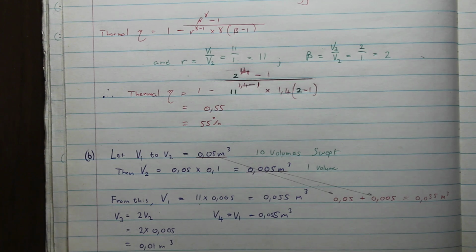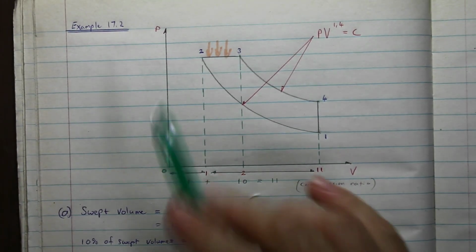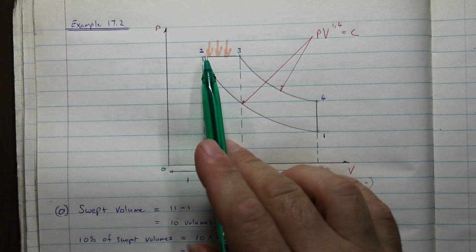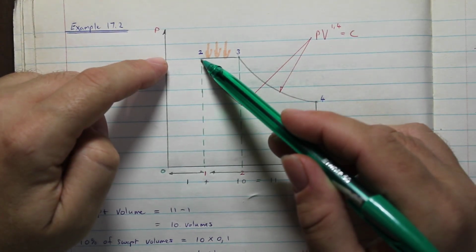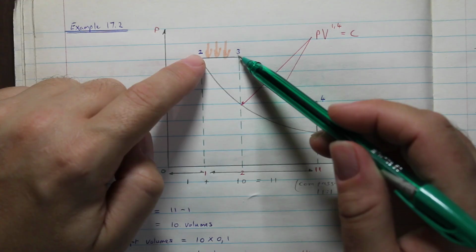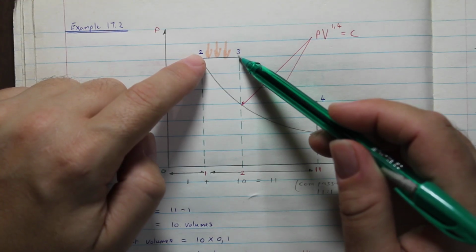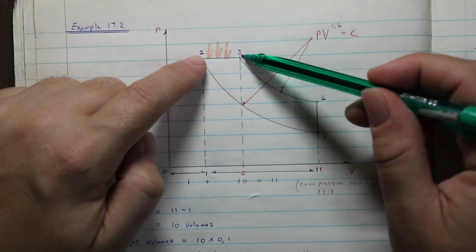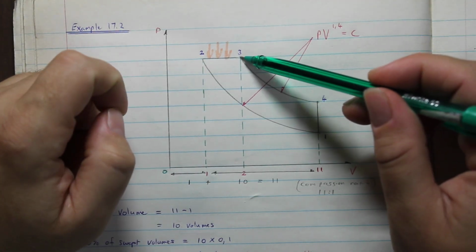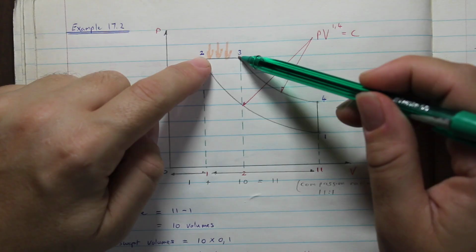Now, how do we get V3's volume? We know what V2 is, and we know from earlier that this was one volume, and constant pressure heat addition was also for one volume, or 10% of the stroke, which we calculated to be another volume. So V3 is just two volumes.